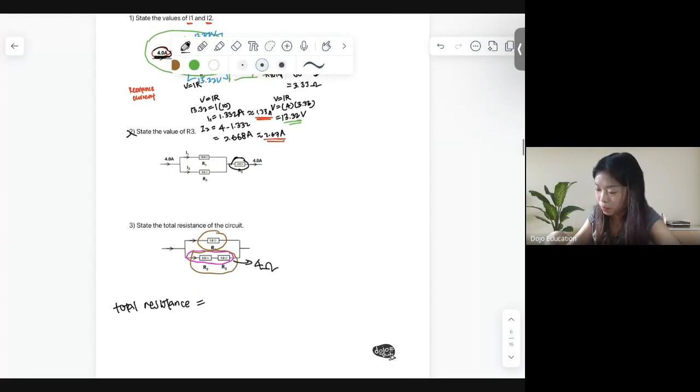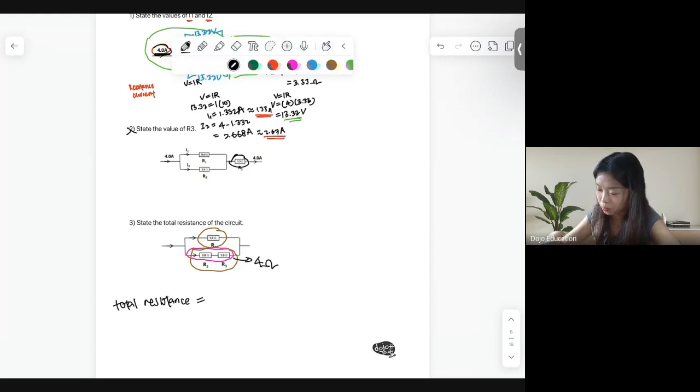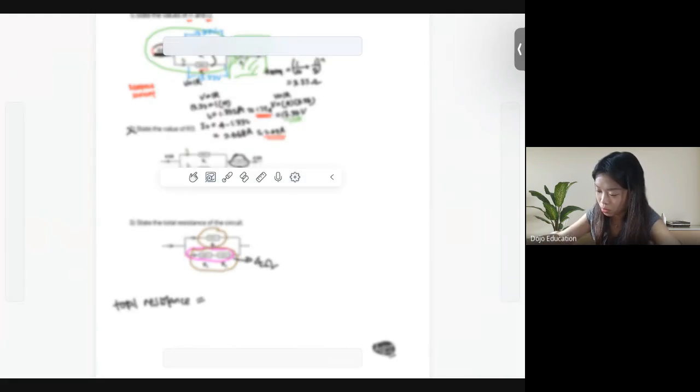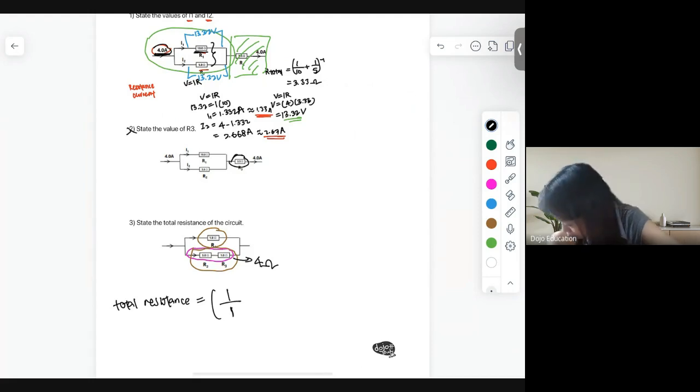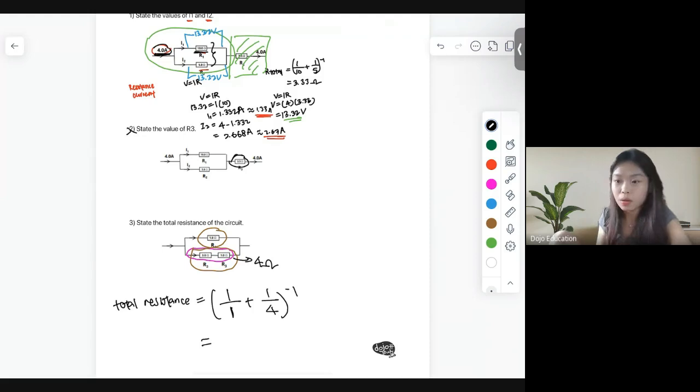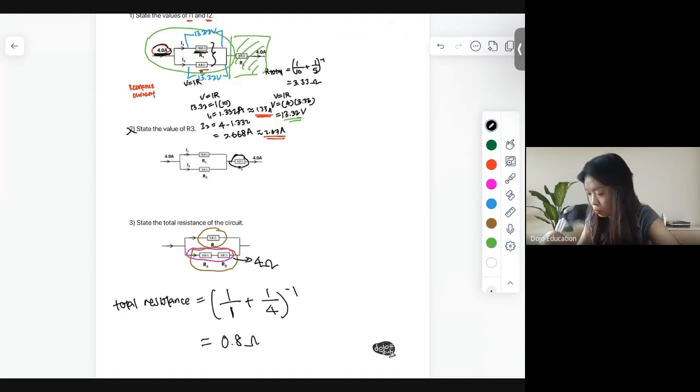My parallel will be 1 over 1 plus 1 over 4, inverse, which is 0.8 ohms. And this is my total resistance. Okay, so this is how you calculate when the circuit has parallel and series together.